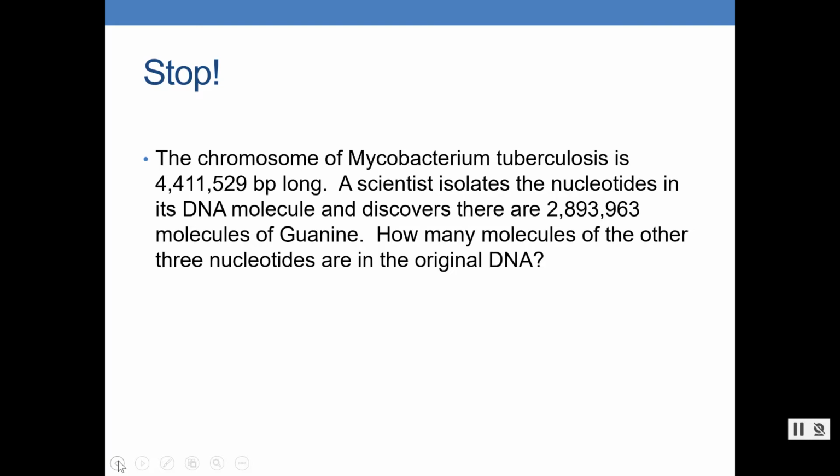We also know a scientist isolates the nucleotides and finds out that there are 293,963 molecules of guanine. Your job is to figure out how many molecules of cytosine, adenine, and thymine are in that structure. So that's what you're going to do, and I'm going to give you a second to do that.